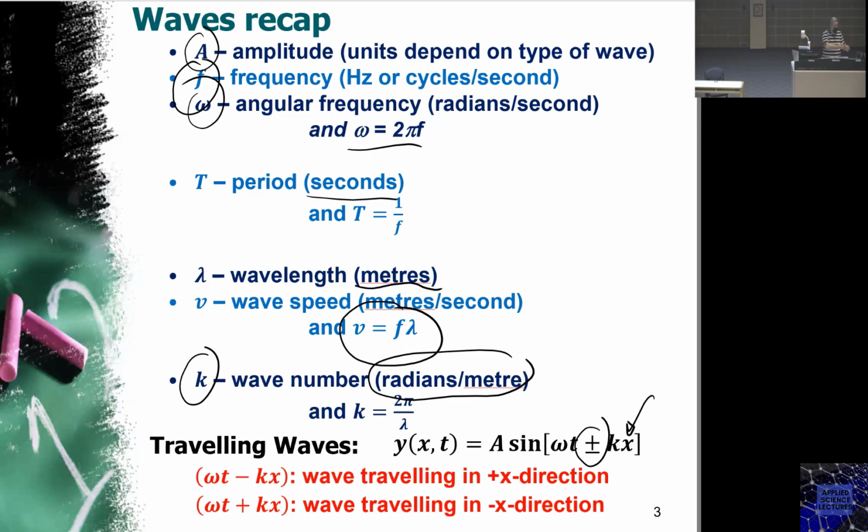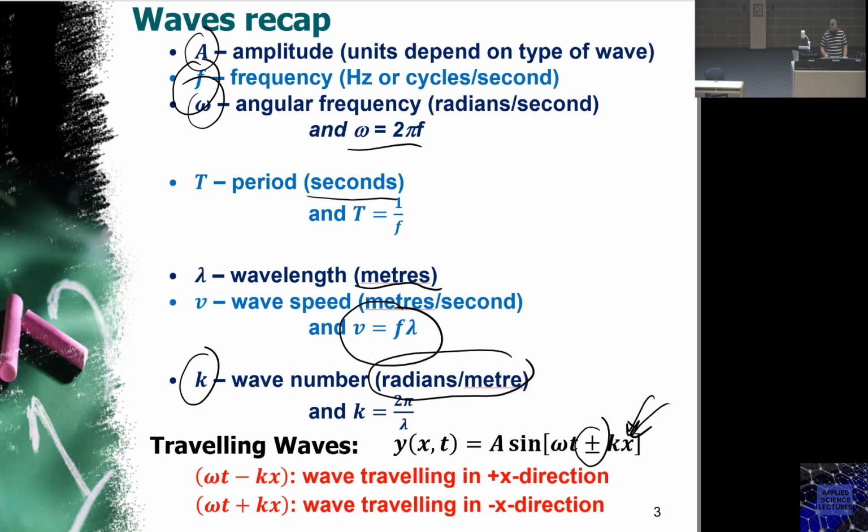So if it's negative and this is x, then it is propagating in the positive direction of x. If this sign is positive, and this is also x, this means that the wave is traveling in the negative direction on the x-axis. So this sign, positive or negative, defines the positive and negative direction of propagation, and this variable defines in space what axis this wave is propagating along.